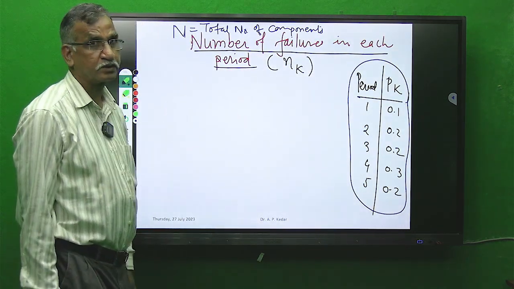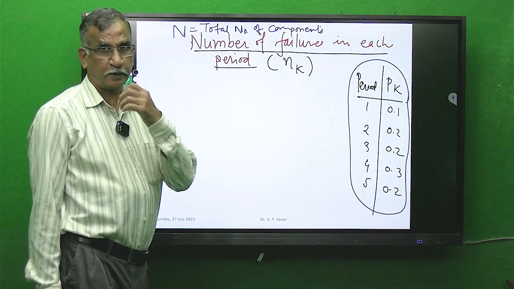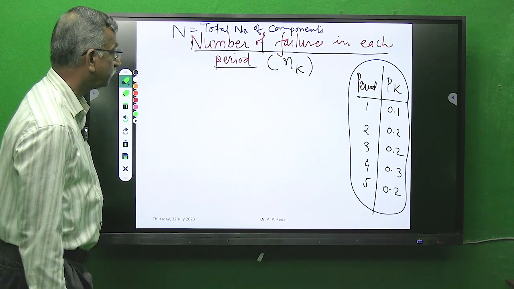Then in this analysis, what we have to do? We have to find the number of failure in each time period, and this is very crucial one. How to analyze that I will tell.